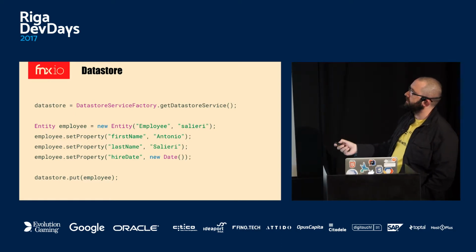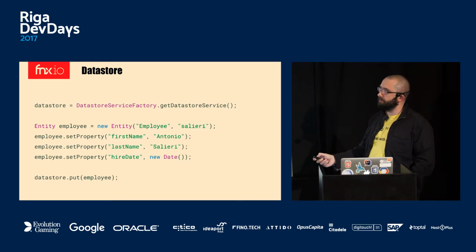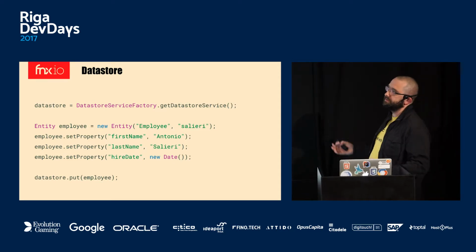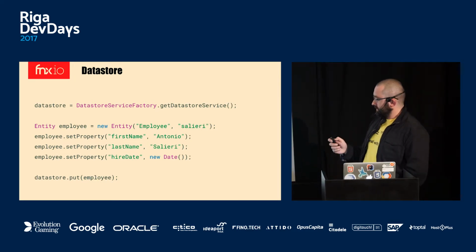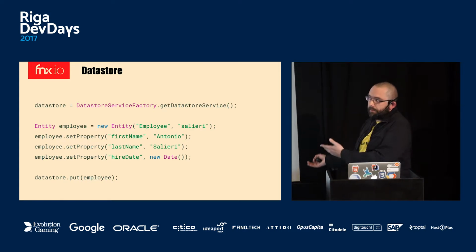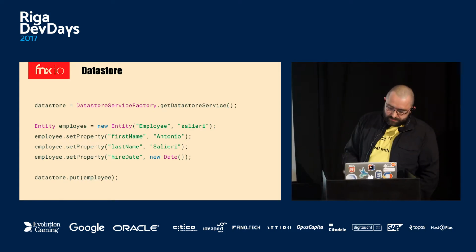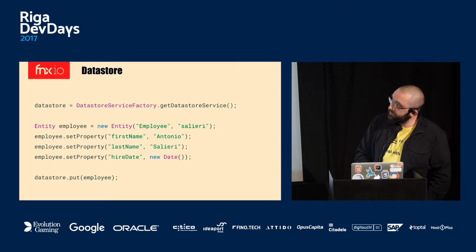This is his primary key. This is a kind of the entity, so I can have my documents in different kinds. And I can save him to the datastore and read him later. But I don't recommend using this low-level approach either.